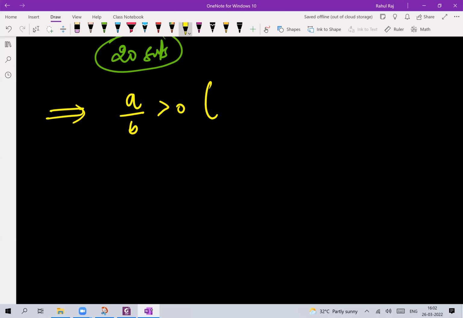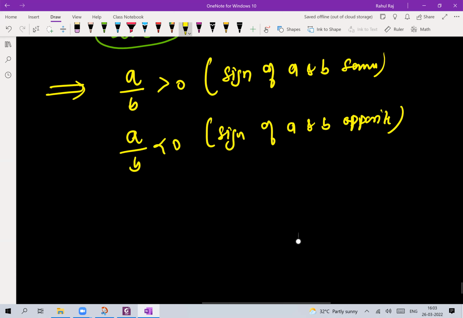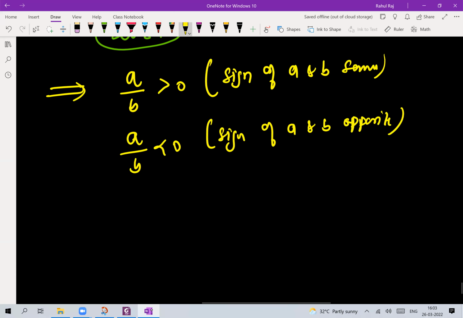A over b greater than 0 means sign of a and b are same, right? A over b less than 0 means opposite sign, a and b are opposite. Agreed? If I'm simply giving you a over b greater than 1, what does this mean?